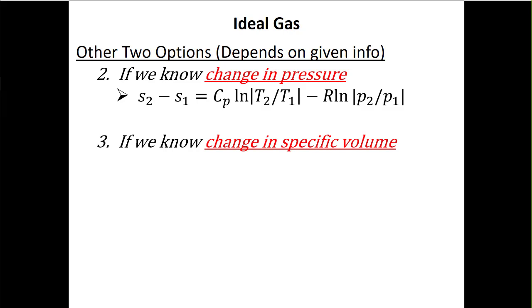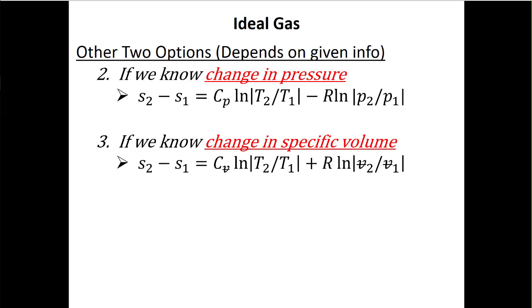Now for closed systems, like the systems we were doing earlier, piston cylinder type problems, we won't necessarily know the change in pressure, and maybe we know the change in specific volume. So it turns out that here you can also use constant specific heat analyses, right? But now it looks a little different.